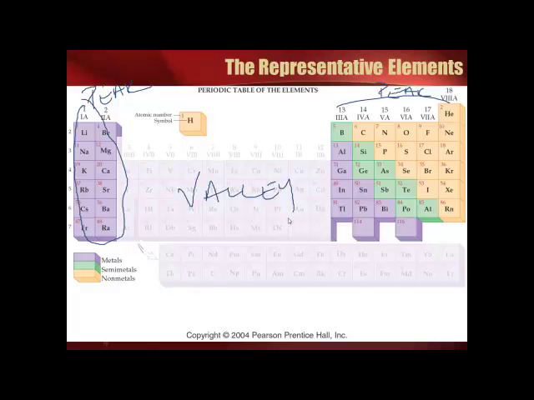Okay, so the peaks are called the representative elements. Another name for the representative elements are the group A elements. Okay, so group A elements. Group A is what I'm trying to say there.